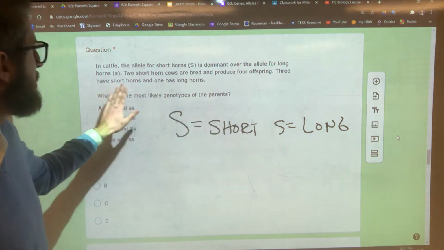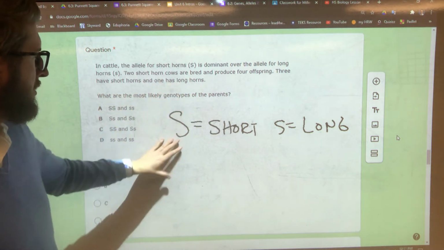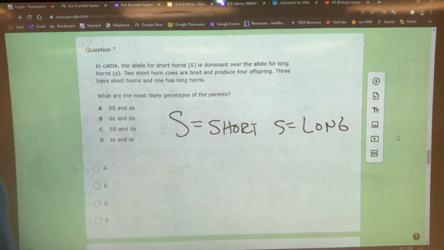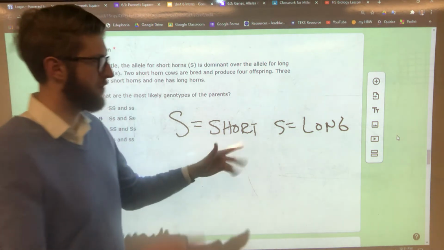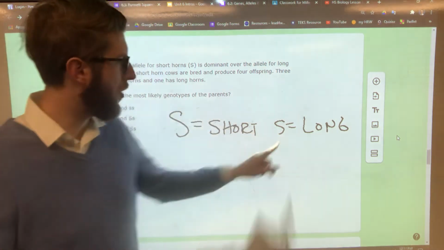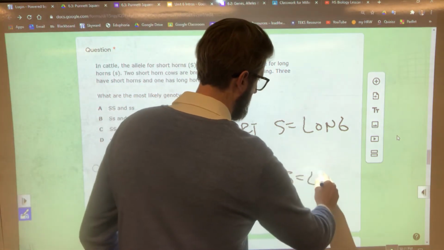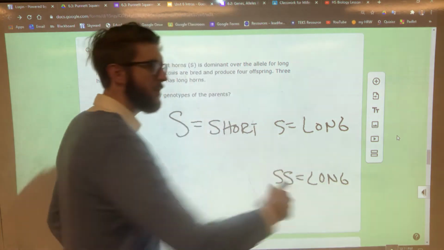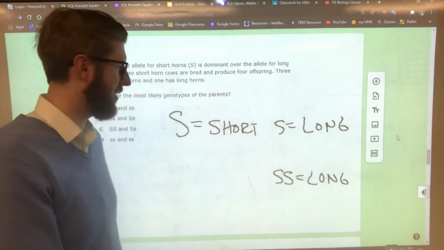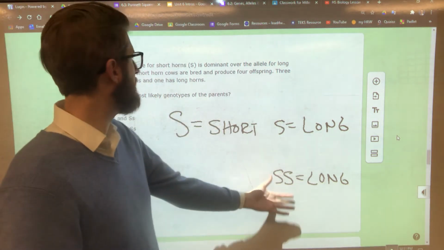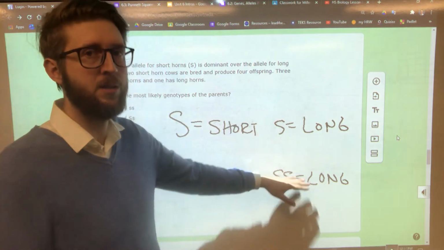3 have shorthorns and 1 has longhorns. Okay, so in order to have longhorns, you have to be little s little s. That's the only way that any of the kids could have long. So at least one of the 4 kids has longhorns.